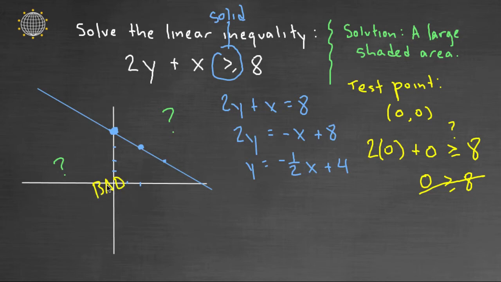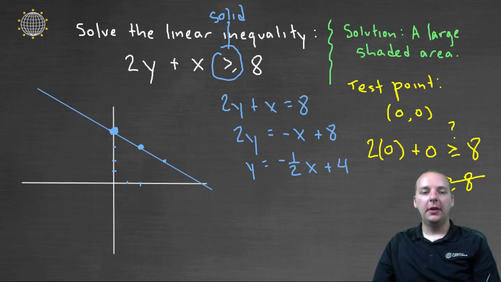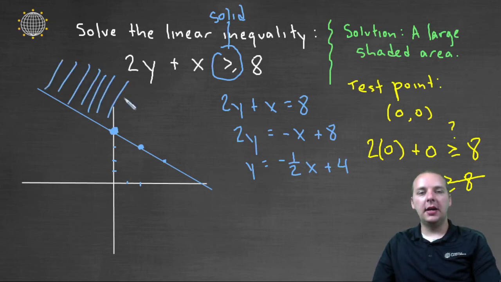Now, on a homework or a test, we're not going to write the word bad, so I'll erase that here. But what it does tell me is that the solutions will be on the opposite side. So we'll take our pencil and shade in this side here.